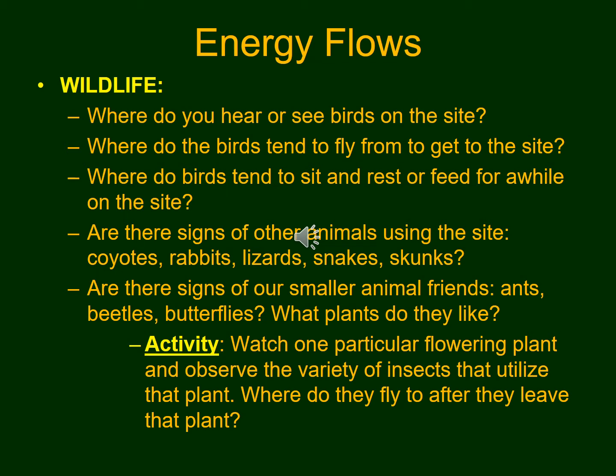You can also see signs of other animals like coyotes, rabbits, lizards, snakes, skunks, other mammals and reptiles. Possibly you'll see tracks or marks of where they've settled down for a rest or eaten something. Not always will you see those, but those are things to pay attention to.